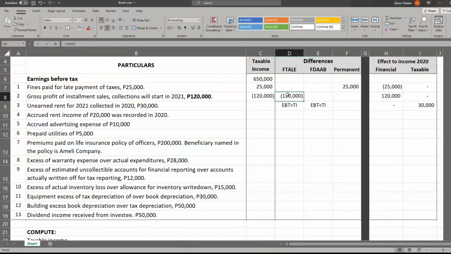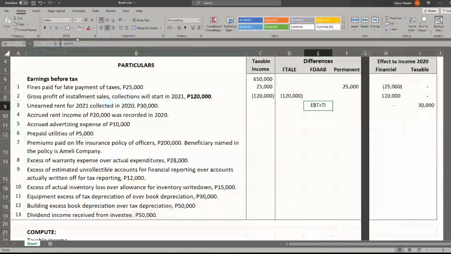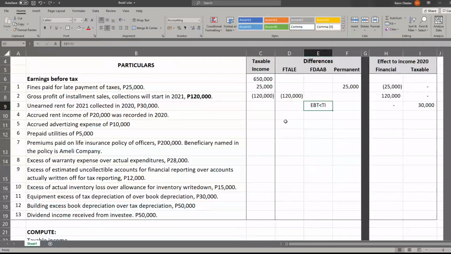Si number 3. Ang nangyari po sa number 3 is that you did not recognize an income for financial accounting. However, for taxation, magdadagdag tayo ng 30,000 in 2020. That situation is pertaining to earnings before tax being lower than taxable income.